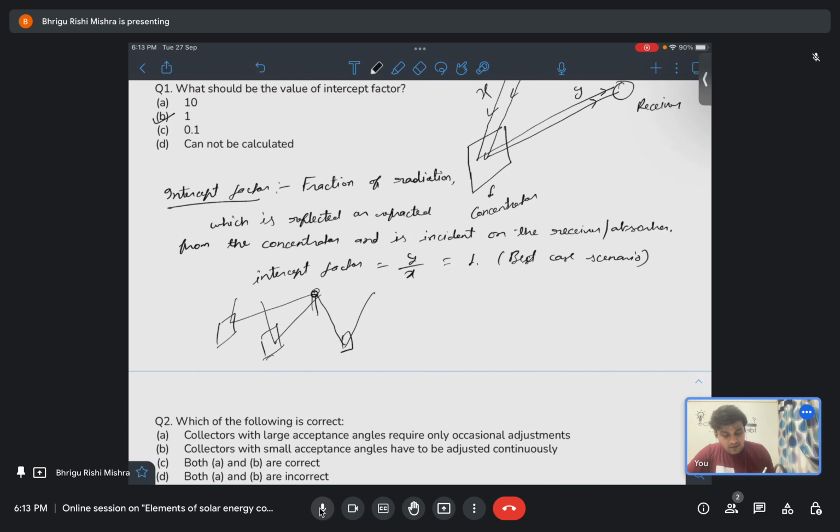Then there will be some air particles, aerosols, and water vapor present in the atmosphere. So when this solar radiation travels from the mirror to the receiver, it interacts with the air particles or aerosol particles also, and thus some fraction of solar radiation gets absorbed or scattered. That means it diffuses, so there will be some losses here.